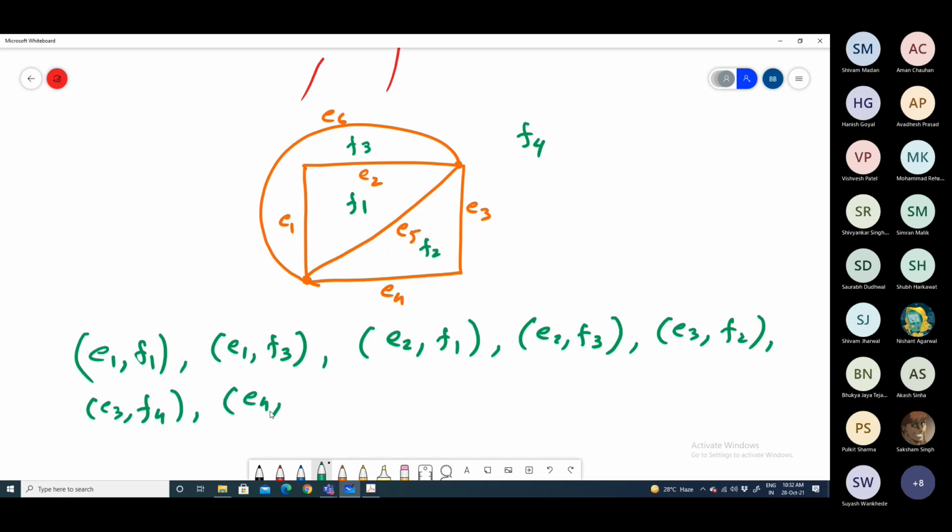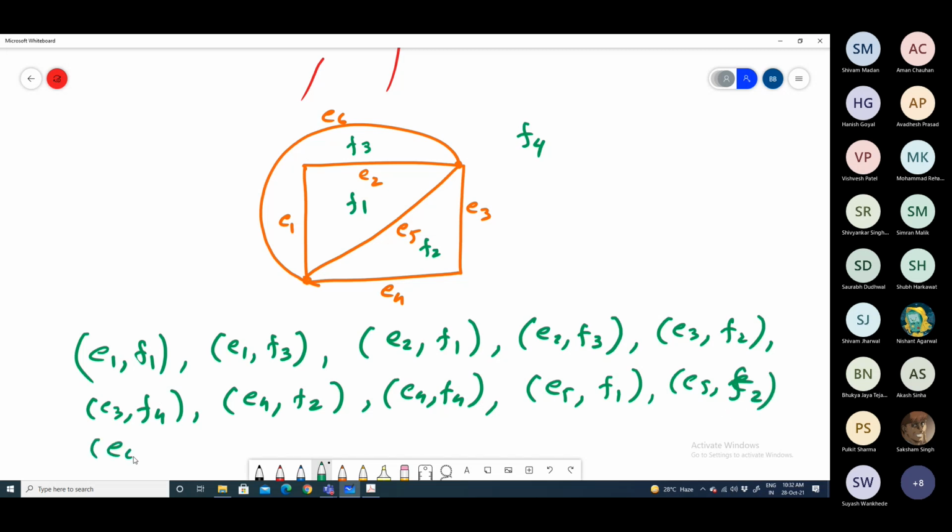Similarly E4, on one side you have F2, on another side we have F4. Now look at E5. This is F1, and E5, F2. And E6, one side you have F3, another side we have F4. Is the counting clear?